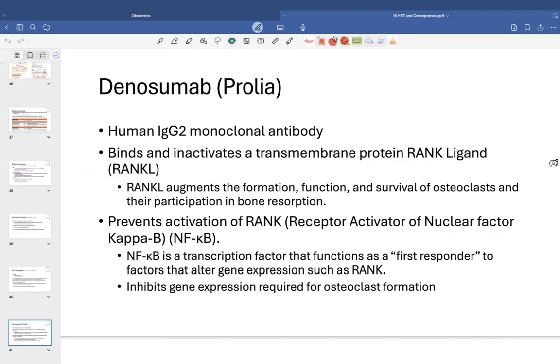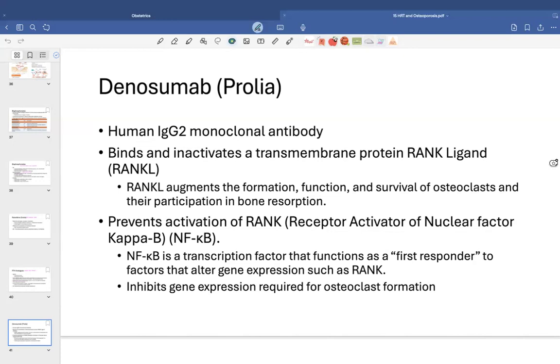This ligand, when it's not being antagonized, augments the formation, function, and survival of osteoclasts and bone resorption. So denosumab will basically oppose that action. It also prevents activation of receptor activated nuclear factor kappa B, which inhibits gene expression required for osteoclast formation.